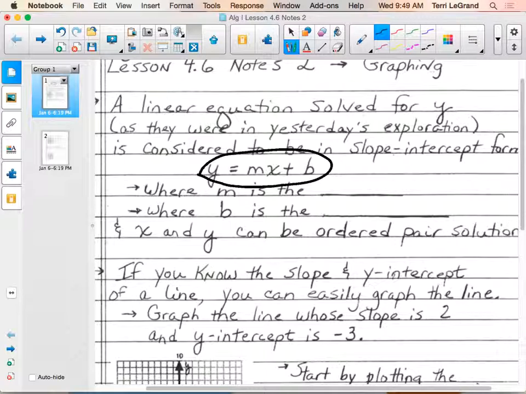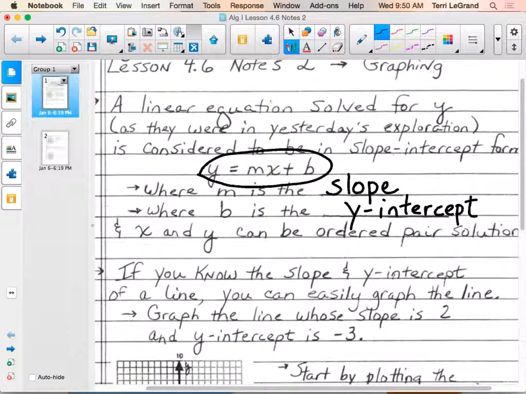Okay, so what is m representing in that equation? The slope. So m is the slope. Once the equation is solved for y, whatever x is being multiplied by tells you what the slope is, and b is the what? The y-intercept. The constant that is being added to the x term is the y-intercept.